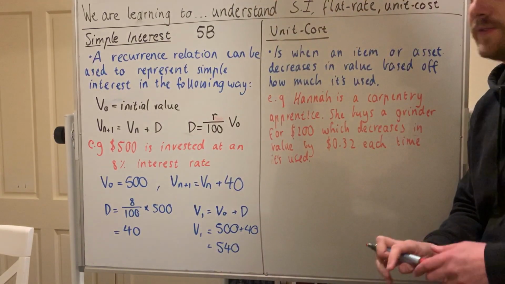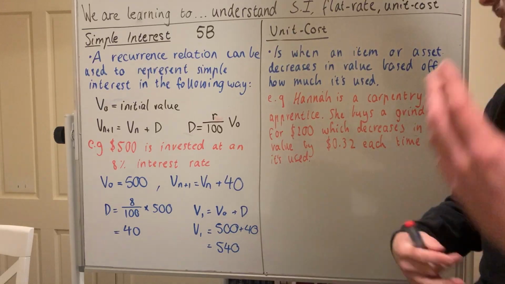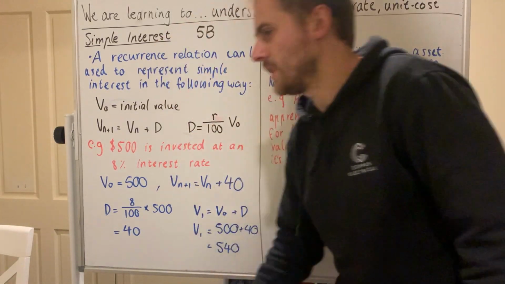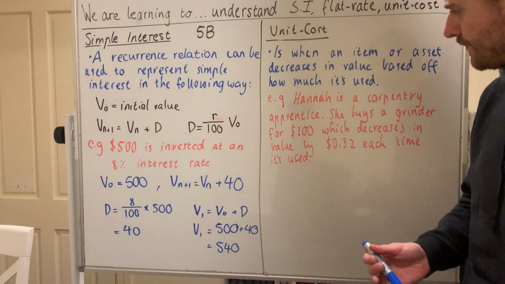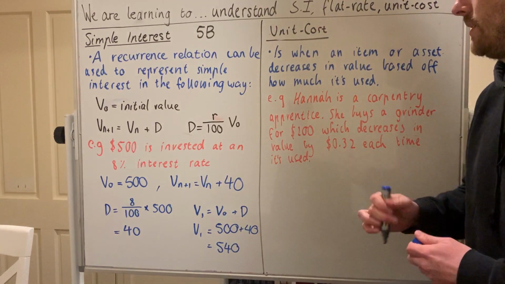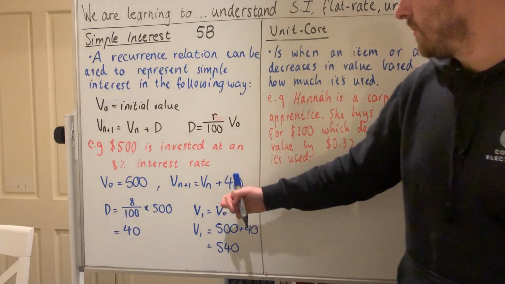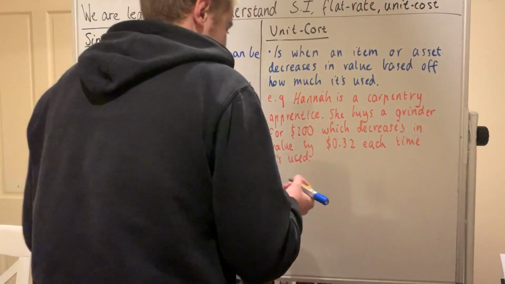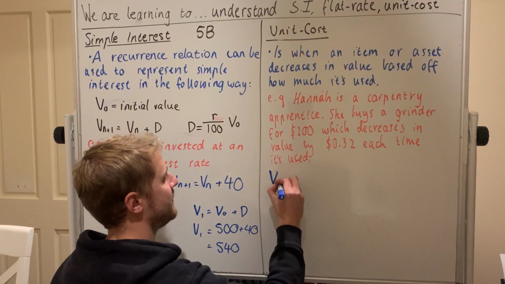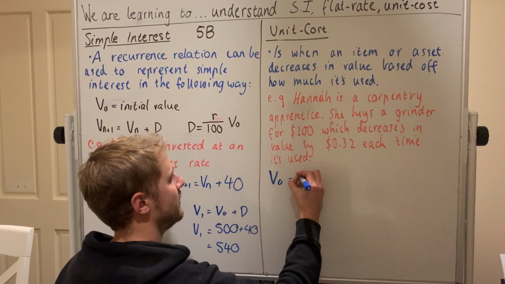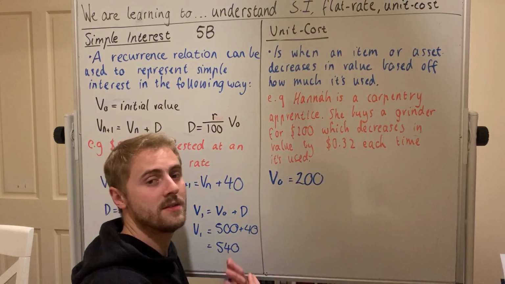All right, so I'm not going to specify anything with this question saying how much is it worth after 100 uses or whatever. We're just going to set up a recurrence relation. We're just practicing getting it into the right form. Pretty much the exact same as this one though. With unit cost, it doesn't change. You're still doing the same thing. You're identifying the initial value, in this case 200.